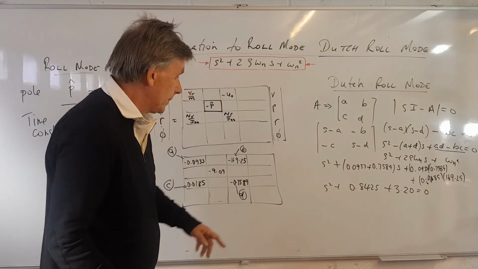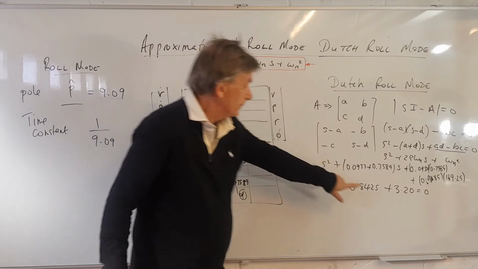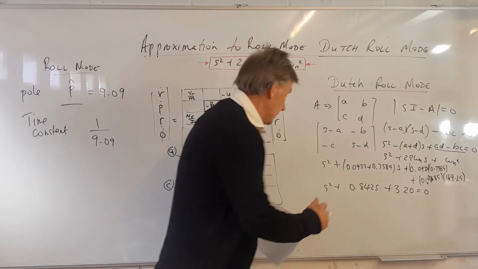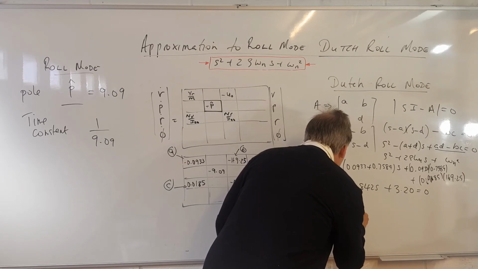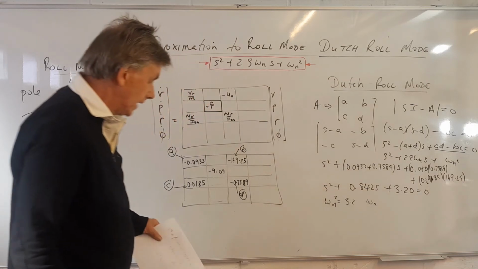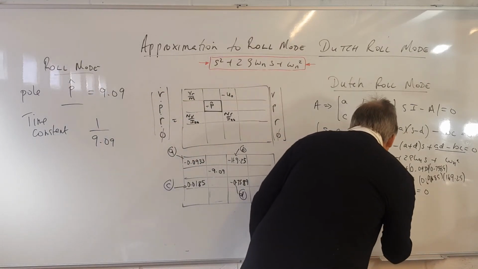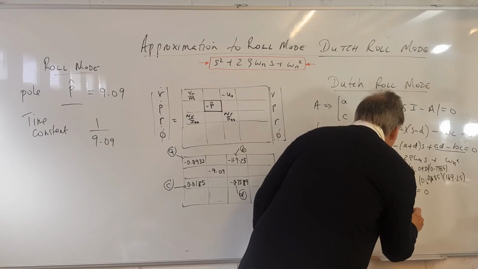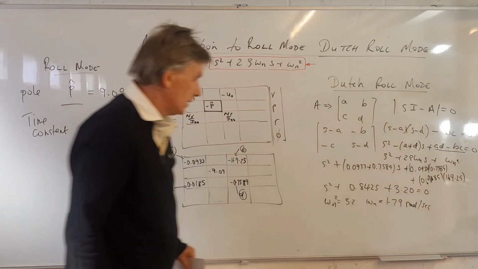So this expression here now is the same as this one here. So we then say that omega n squared is 3.2. And then omega n we get by taking the square root of 3.2, which comes out as 1.79 radians per second.